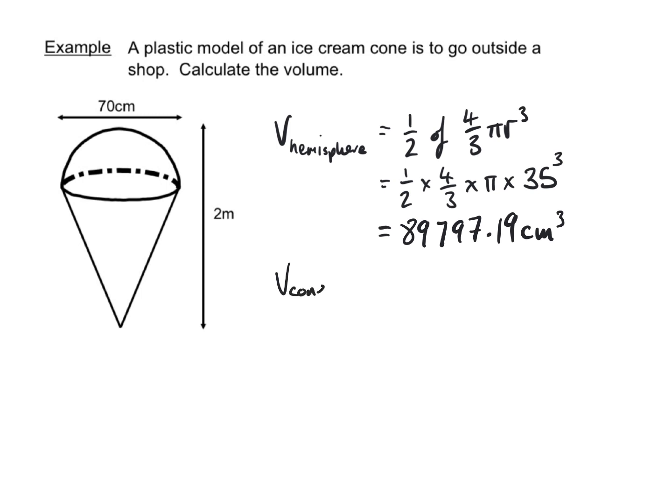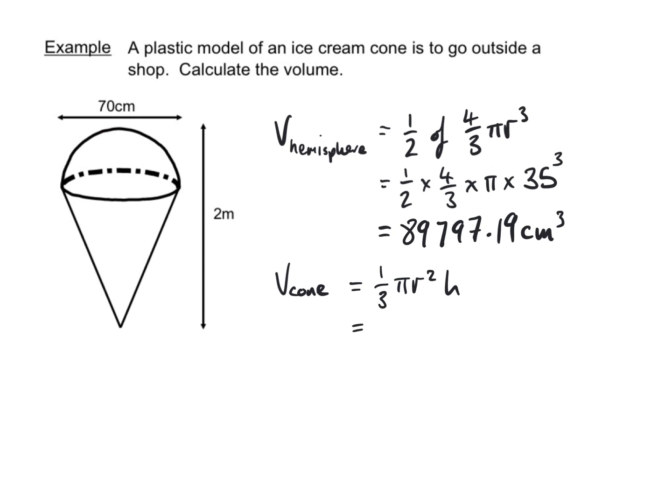So volume of cone is equal to, and the volume of a cone formula is 1/3 pi r squared h, and we start to substitute into that. Now, there's another thing in this question we need to really be aware of, and hopefully you noticed that at the start we have here a unit in centimetres, and we have here a unit of metres.